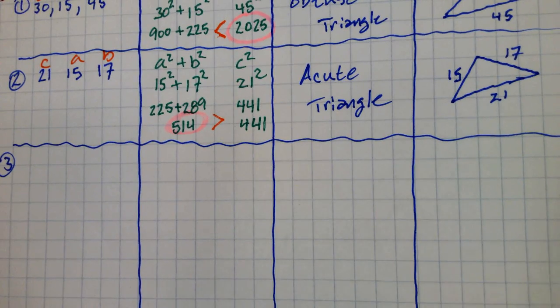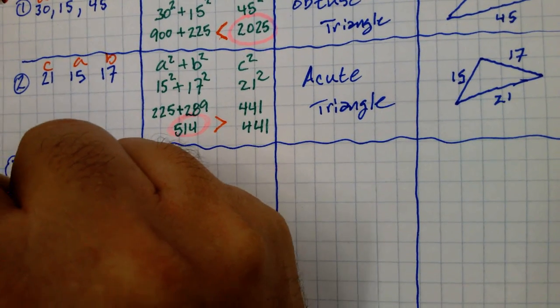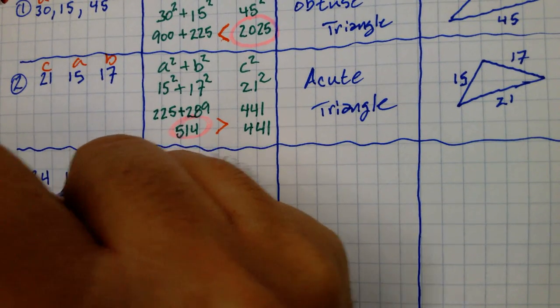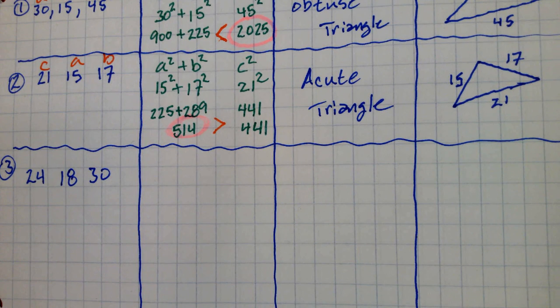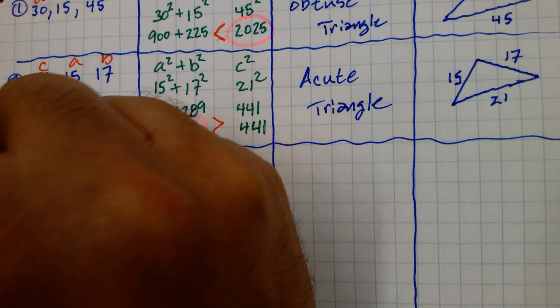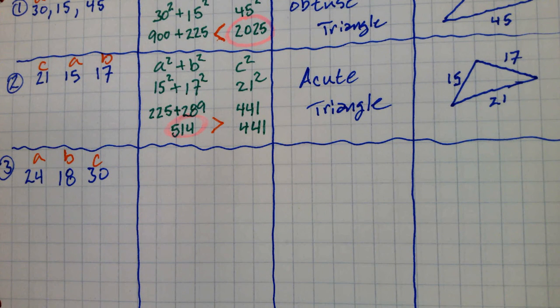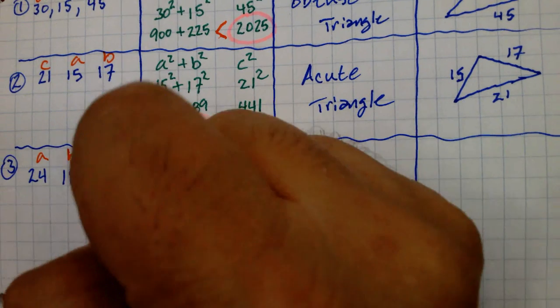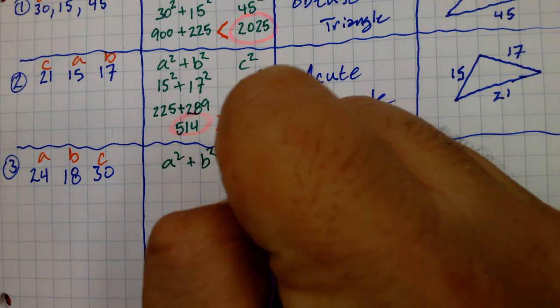Okay, 24, 18, and 30. Our largest side is 30, so that'll be C, and A and B there. Okay. So let's set this up. A squared plus B squared and C squared.